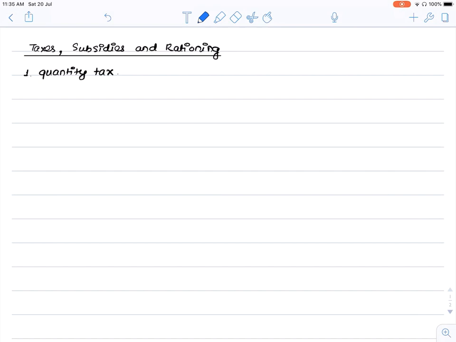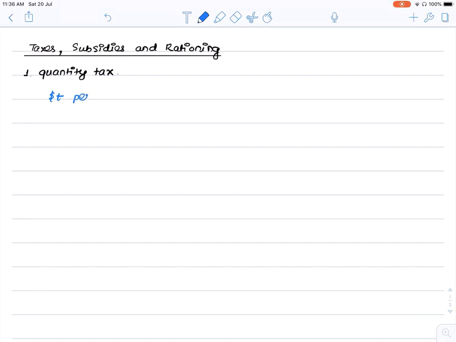For example, when a quantity tax is imposed, the consumer has to pay a certain amount to the government for each unit of the good he is purchasing.